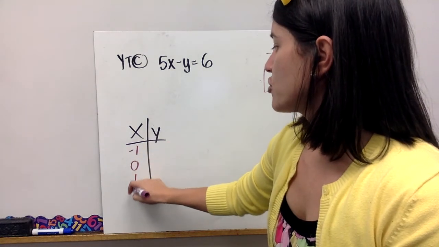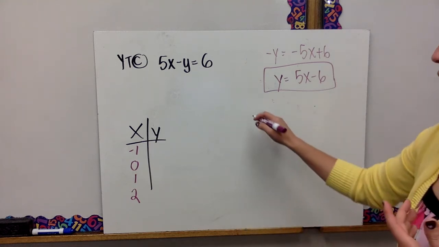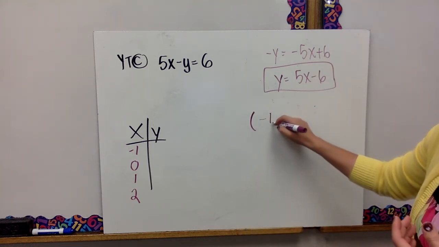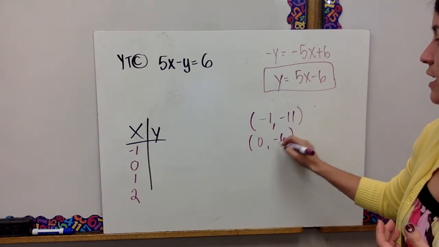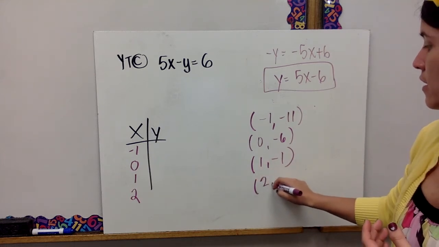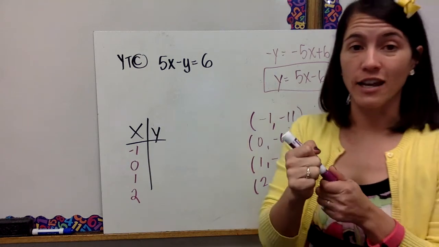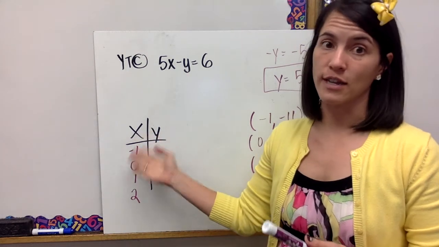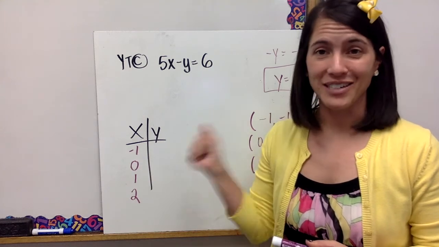And then whichever numbers you used, I would use -1, 0, 1, and 2. Your 4 solutions are -1, -11; 0, -6; 1, -1; and 2, 4. If you used different numbers for your input, if you used -2, -1, 0, 1, then your numbers might be different. But we're going to practice more of this in class.